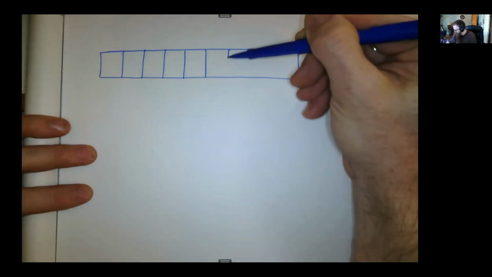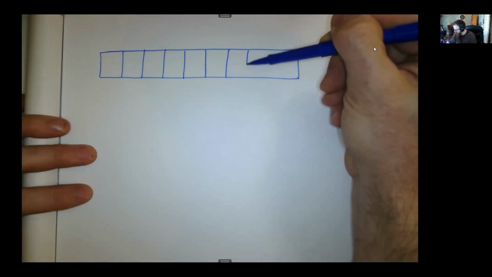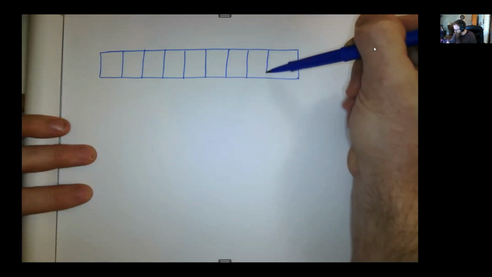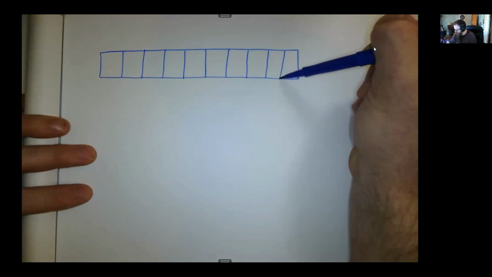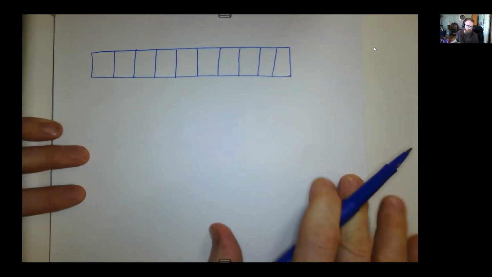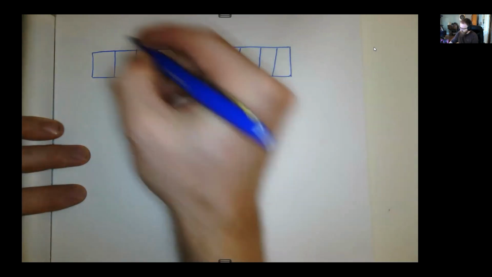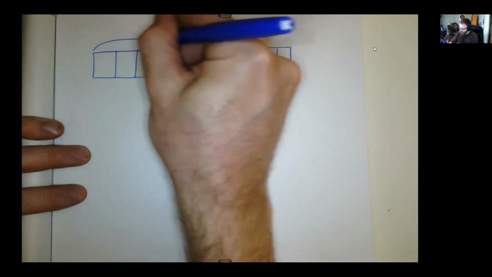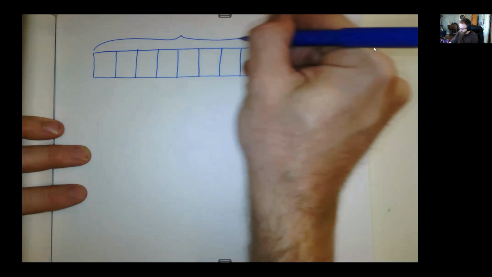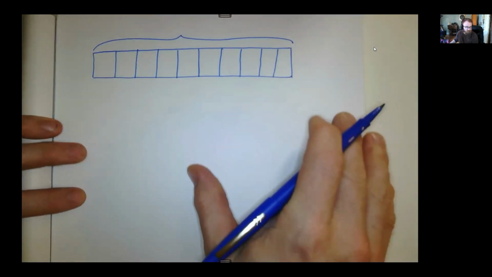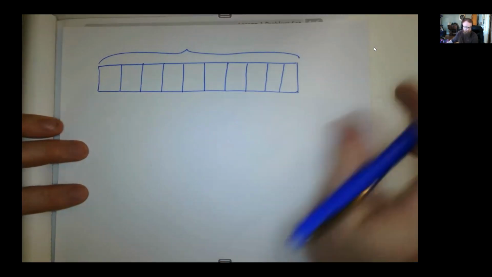Count when you're finished and make sure you have 10 equal or almost equal parts. If you're separating your whole into tenths, don't forget that the way we show our whole is with a bracket at the top.